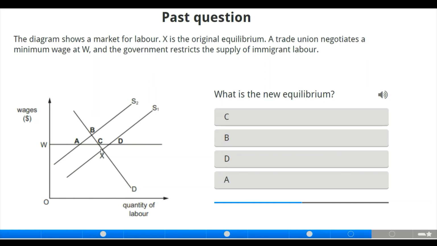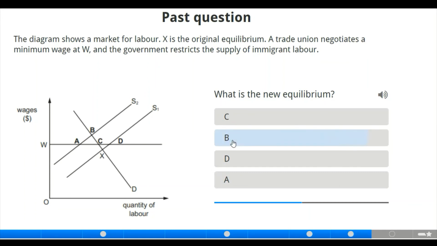That means our supply will move to the left, according to the decrease. What is the new equilibrium? According to this diagram, of course it cannot be X or C. Since the government restricts the supply of immigrant labor, the new equilibrium should be around B. Let's check. Of course, correct.